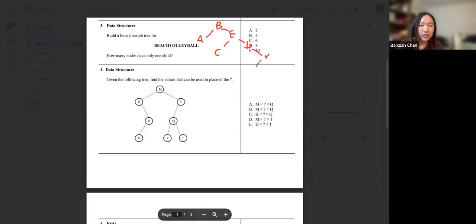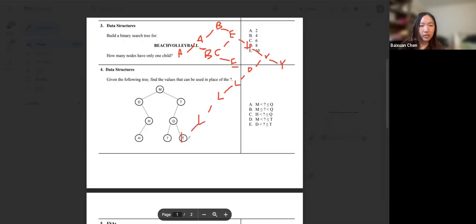O is bigger than H but less than V. L is bigger than H but less than O. L is again smaller. E is bigger than C but less than E. And then Y is bigger than V. And then we have B is bigger than A but less than B. It's this way. And A is less than A. And then we have two more L's, which will go over here.